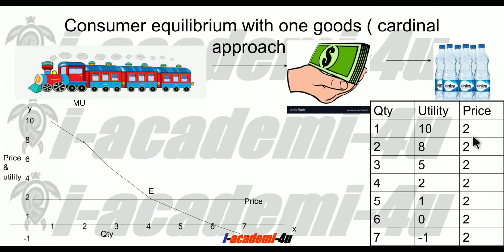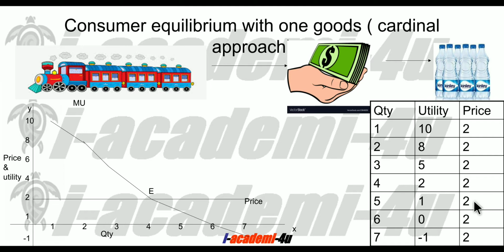In the second, we are getting $8 worth satisfaction, whereas the price is $2, and we are getting excess of utility. In the third, again $2 we are paying and getting $5 worth satisfaction. In the fourth one, $2 and we are getting $2 worth satisfaction. Both the price and the utility consumed have the same value.